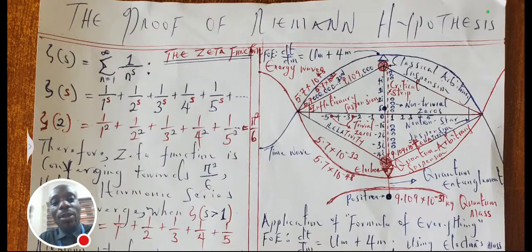This formula of everything is so powerful that it feeds back on itself. So it's a formula that, when applied, we can use to track decaying mechanism from quantum level to classical level, and from classical level to quantum level.